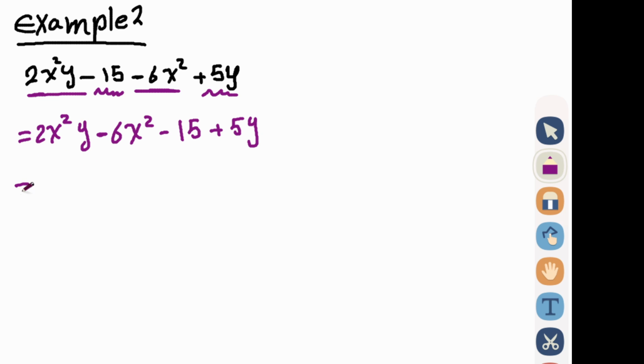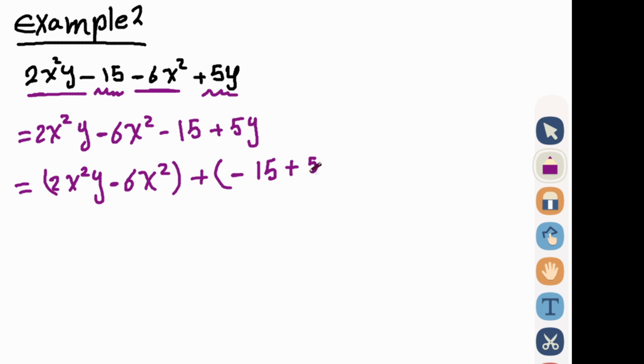Now let's group 2x squared y minus 6x squared, and negative 15 plus 5y. Now, it has become easier for you after 4 examples to get the common factor between these two terms.